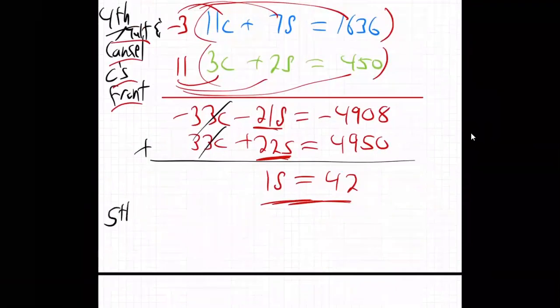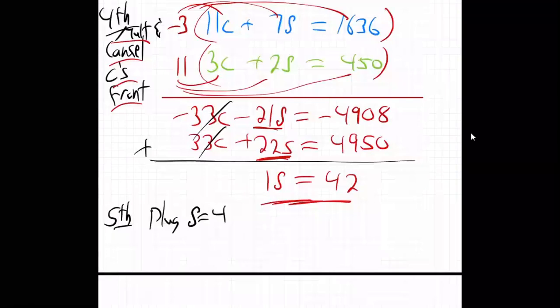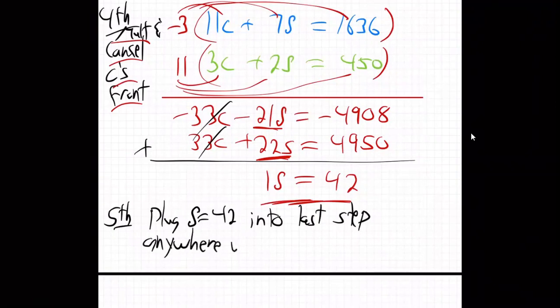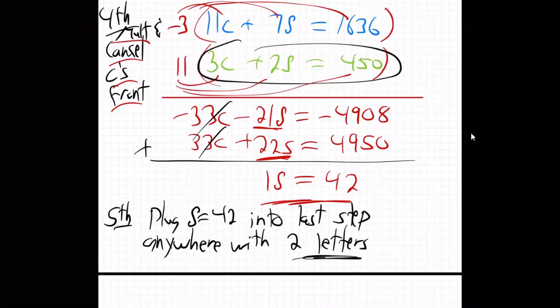So then the 5th step, plug S is 42 into the last step anywhere with 2 letters. So I'll just back up anywhere that has 2 letters. So like, let's grab this one, for example. It doesn't really matter which one. I'll just bring that one down.